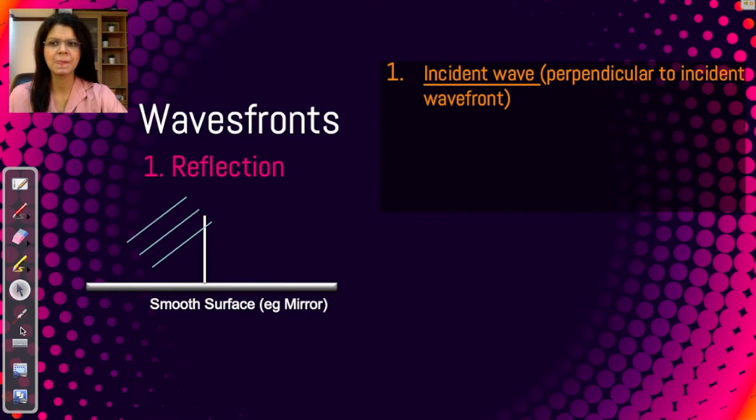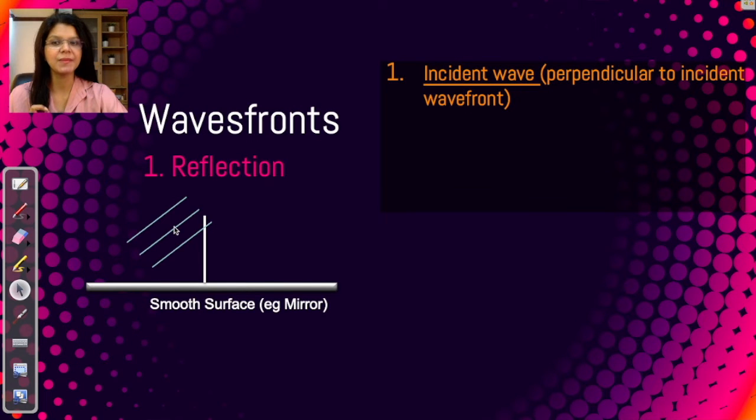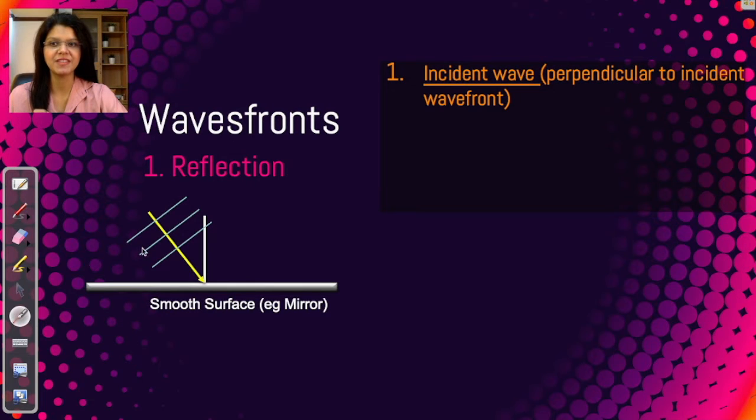What do you do? You draw the incident wave perpendicular to the incident wavefront. So you are given the wavefronts. We know that the incident wave would be perpendicular to the wavefront. So if you see, the yellow line is the wave. Let me write it down here as well.